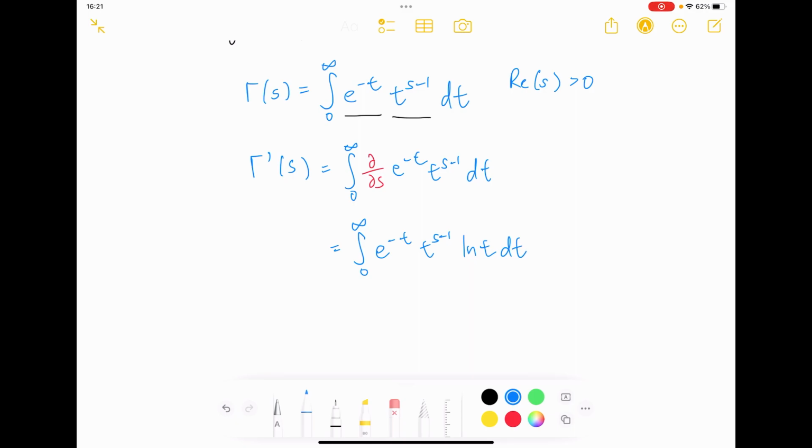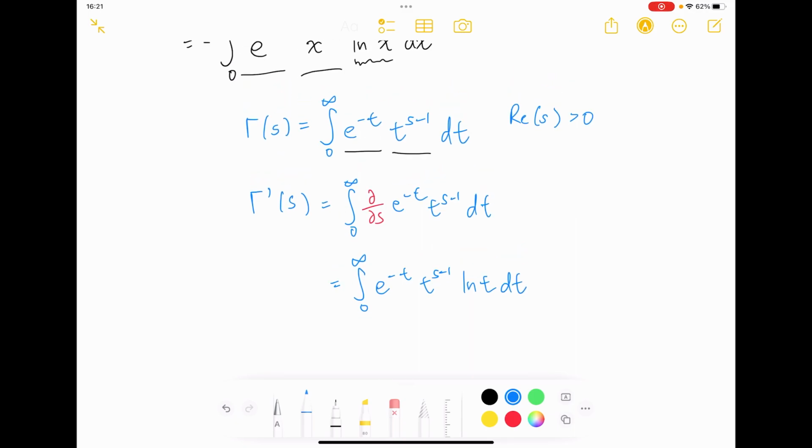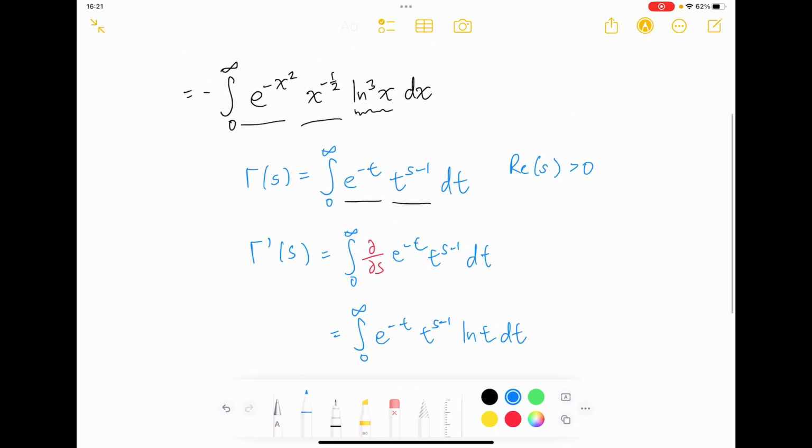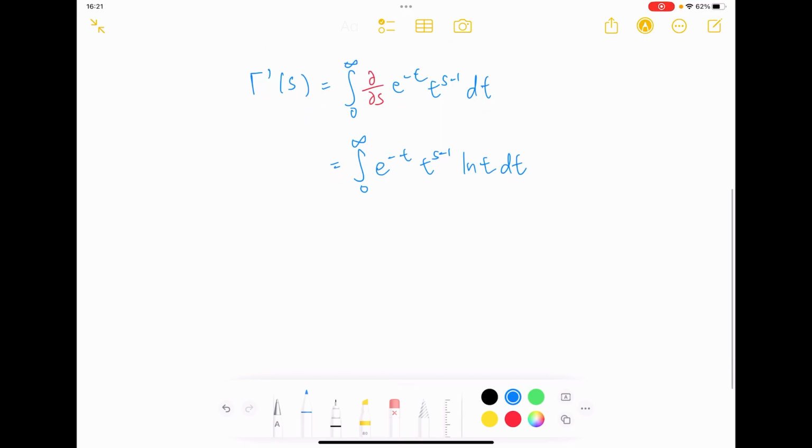So every time we differentiate by s, we're going to pick up a natural log. So if we differentiate 2 more times, that's going to get us natural log cubed. So e to the minus t times t to the s minus 1, natural log cubed t dt.